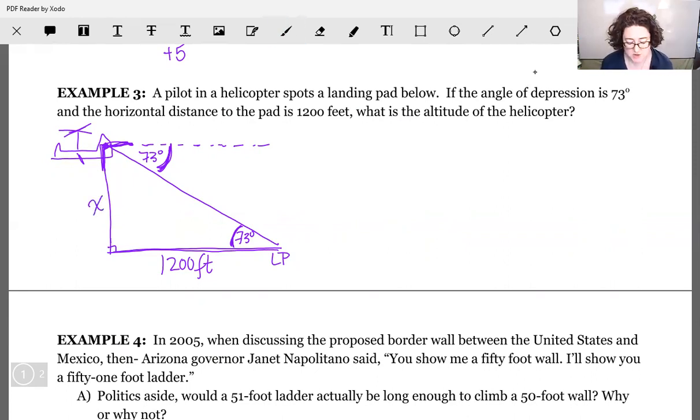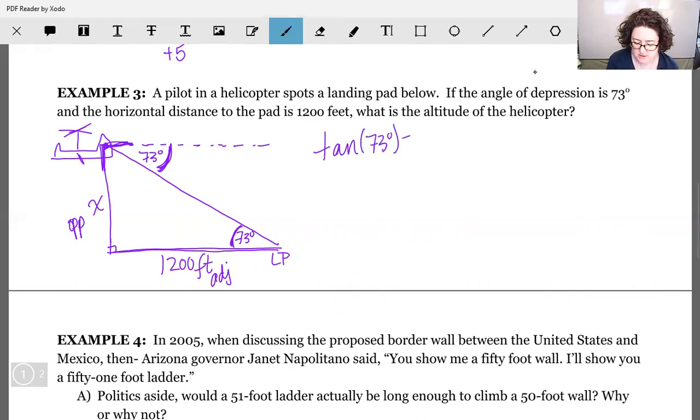And now we have our right triangle. Compared to our 73, our X is our opposite. Our 1,200 is our adjacent. And we're using, wait a second, we're using tangent again. Actually, let me do that. It's working on the page break a little weird. There we go. So that's our ADJ. We're using tangent again. So tangent of 73 degrees equals opposite over adjacent.